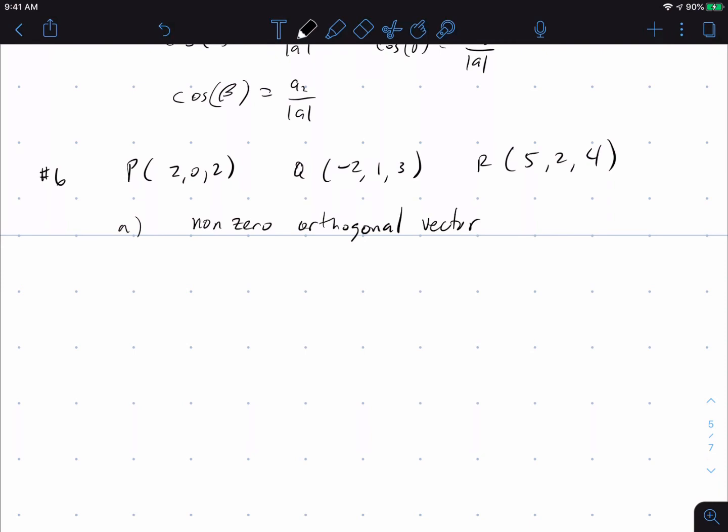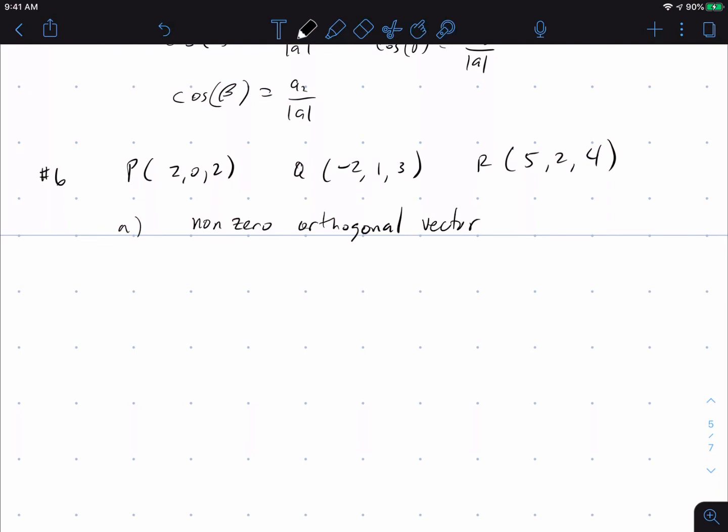The cross product of two vectors. That's correct. It's a cross product of two vectors, so you're going to have to use two of these vectors, right? So you'd have to create them. So I'd do like PQ cross with PR. There's actually, in this problem, more than one answer.